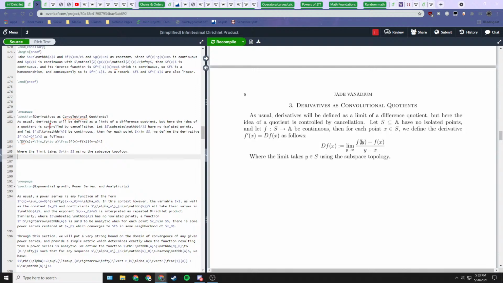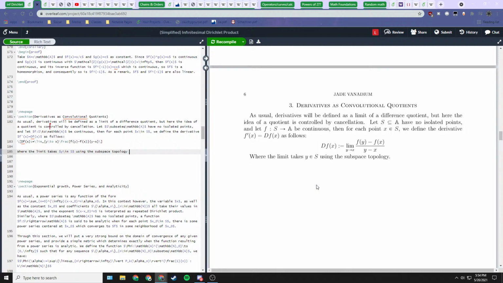If you recall, even if we restrict our variable y to not equal x, division is not always defined, because we're not operating in a field here.